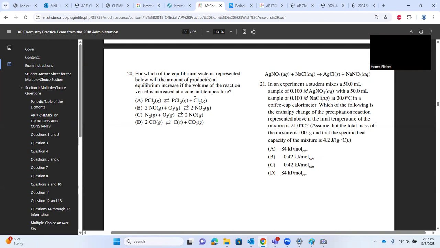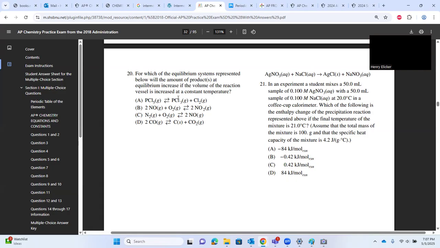How can we make it so that our gas has less volume? Because you want to do the opposite thing that it originally was, right? So again, we are increasing the volume of the container, and the change to counteract that would be to decrease the volume of the container by adding more gas to the system. So it should be A actually, and the reason why it's A is because if we increase the volume of the container, the change we want is to make more gas to decrease the volume.